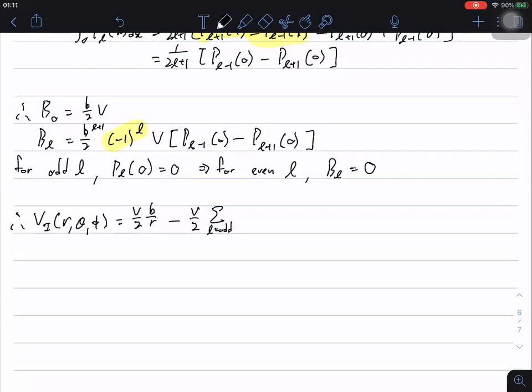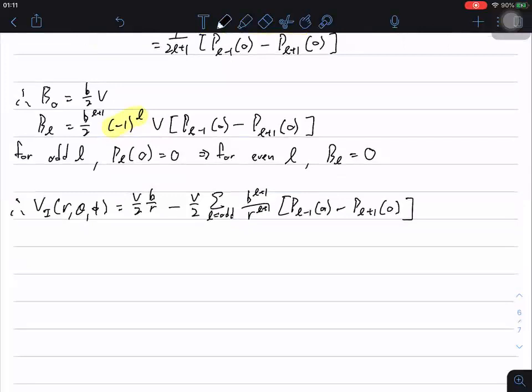I move the minus outside the summation, and L sums over all possible odd numbers. I also move the V over 2 outside the summation, since it's just a constant. After I plug everything back in, we obtain these expressions, and that's the general solution. That's the solution for region 1.